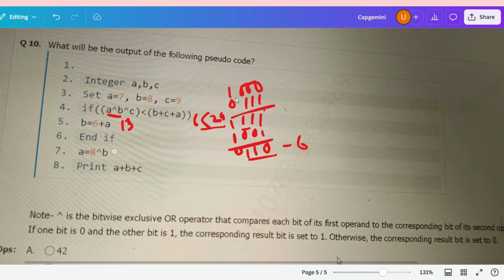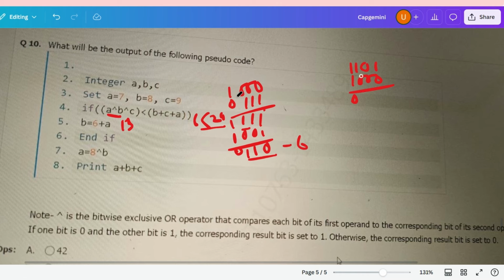And then a is equal to 8 XOR b, so b is 13. So 12 is 1100, and 13 is 1101. Then 8 is 1000. So if we do XOR operation, in case of same bit, we have to make it false.